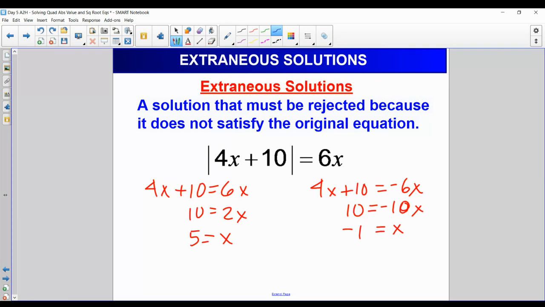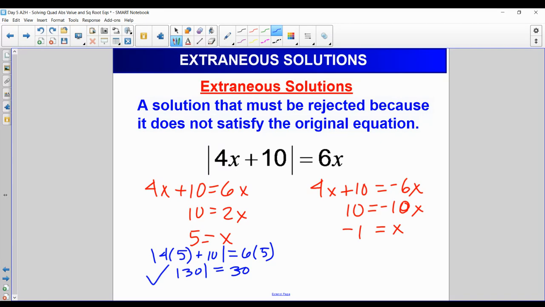But when I plug back in, if I look at this one, I have 4 times 5 plus 10, and I want to say, is that equal to 6 times 5? Well, on the inside I'm going to have 20 plus 10, so the absolute value of 30 equals 30, and that's absolutely true.